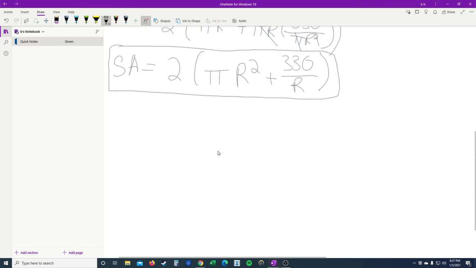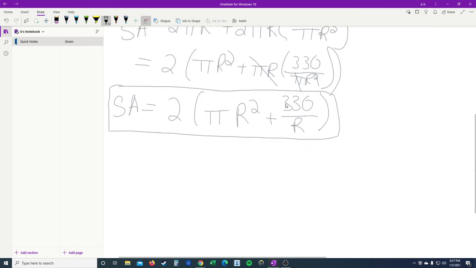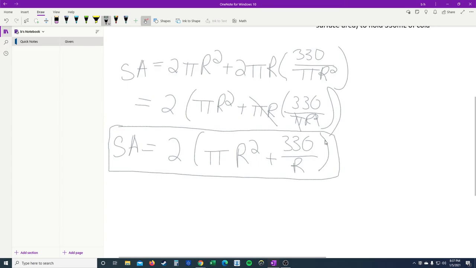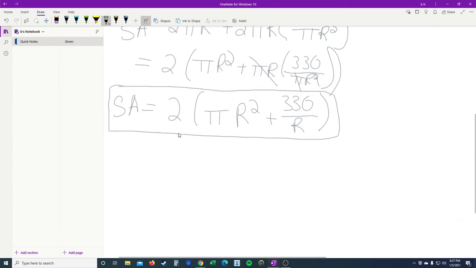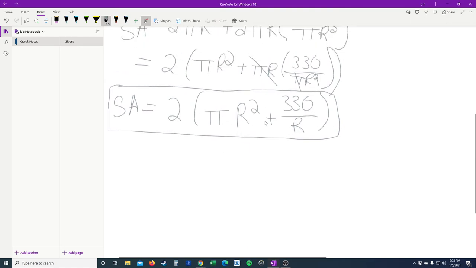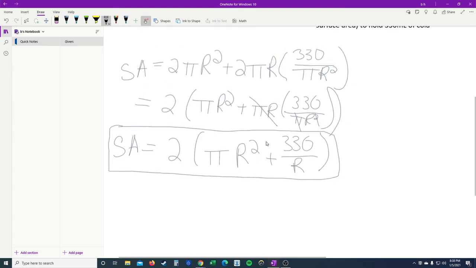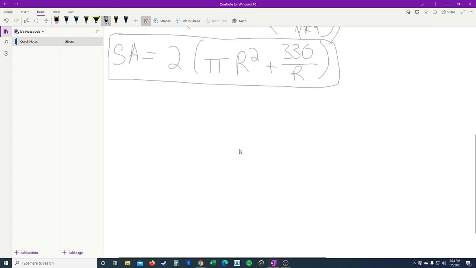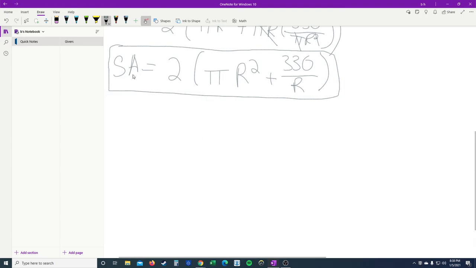Or another way to do it is, since this is an 8th grade question, I don't believe that you know calculus. But if anyone else is watching and they know calculus, you would take the derivative of this equation, set it equal to 0, and then you would solve for the r, and you can get your minimum. But since more than likely we haven't taken calculus, we're not going to explore that solution.